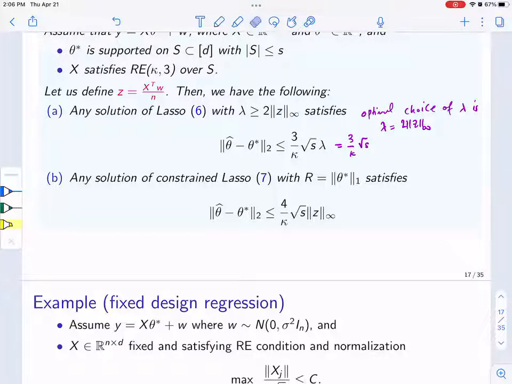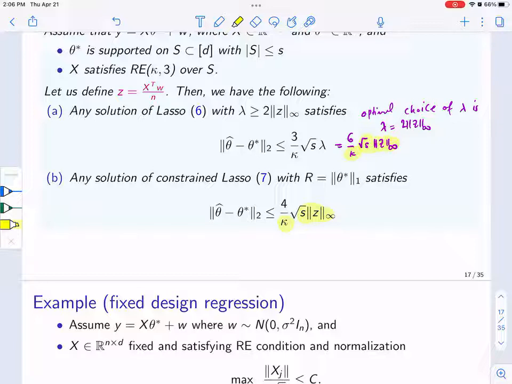So here it's 6 over kappa root s times the infinity norm of Z. You can see the dependence on s, the infinity norm of Z, and kappa are the same. Only the constants are different.